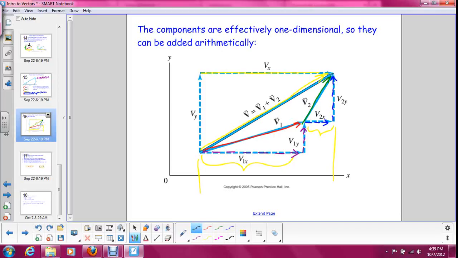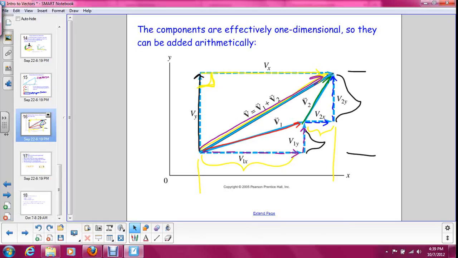For the y, you take this and you add it to this, which gives you this, which you can see over here. And now, the y component of your resultant and the x component of your resultant are at a right angle to each other, and you can now solve for this.